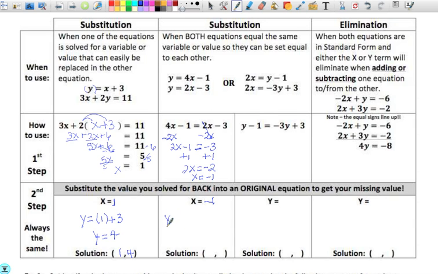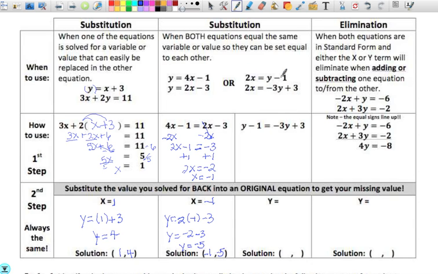So I'm going to get y equals 2 times negative 1 minus 3. So I get y equals negative 2 minus 3, which equals y equals negative 5. So I get negative 1, negative 5.